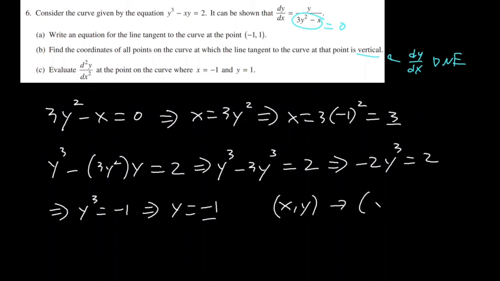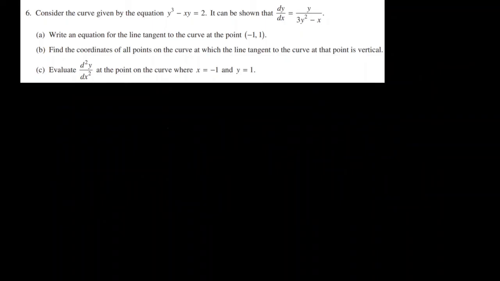It's going to be 3 comma -1. And that is it. This was a 3-point question. 1 point for setting the denominator equal to 0. 1 point for substituting the result you got into the other equation, the equation for the curve. And then the 3rd point for the correct point, 3, -1.